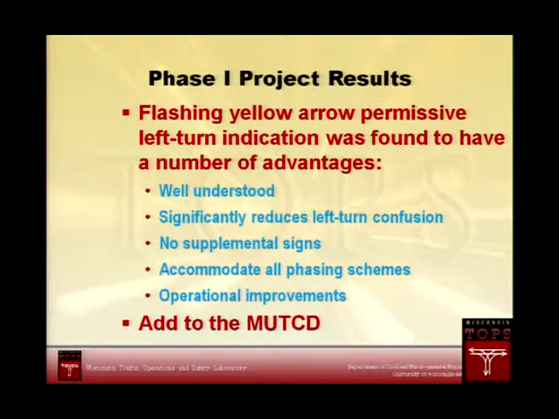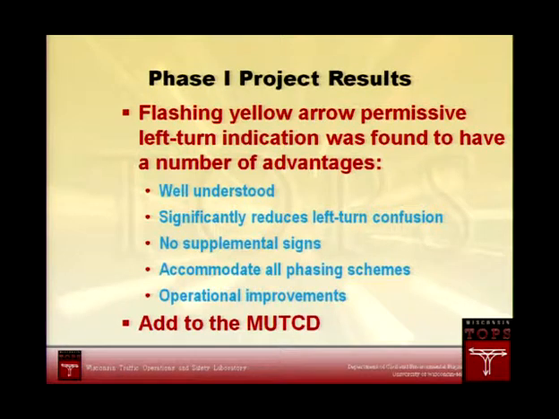But at the end of the day, this is what we learned. We learned that protected permissive left turns are well understood, significantly reduced left turn confusion, no supplemental signs are needed, et cetera, et cetera. So what we see today is the implementation of the flashing yellow arrow. Some of you probably have experienced it now. I know it's at least creeping into Portland.